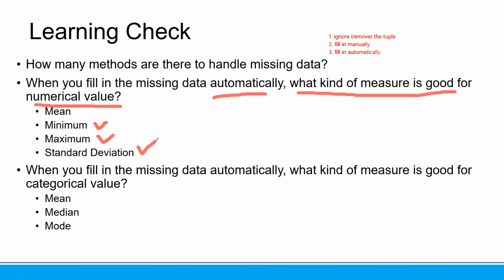Standard deviation is to show the error. So the best measure is actually to replace it with the mean. Sometimes the minimum is okay, the maximum is okay, but the best one is the mean because it can represent the whole distribution.